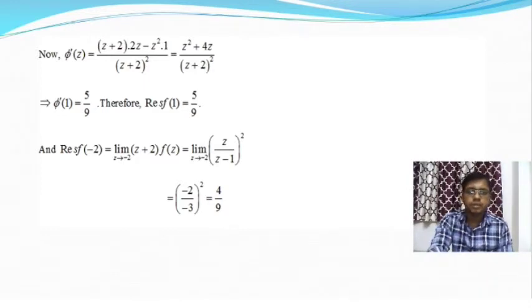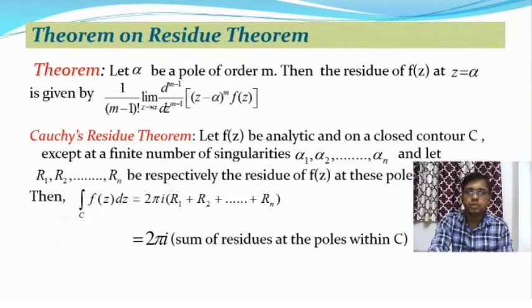After that we are going to talk about the theorem on residue theorem. So here is the theorem. Let alpha be a pole of order m, then the residue of f of z at z is equal to alpha is given by 1 by (m minus 1) factorial, limit z tends to alpha, the (m minus 1)th order derivative, that means d^(m minus 1) by dz^(m minus 1) of (z minus alpha) whole to the power m into f of z.